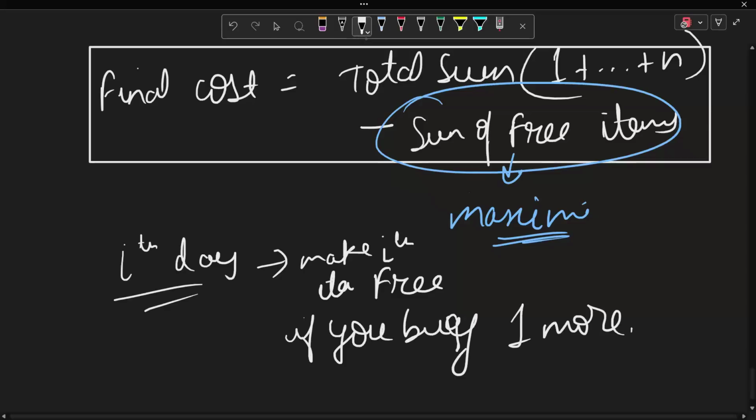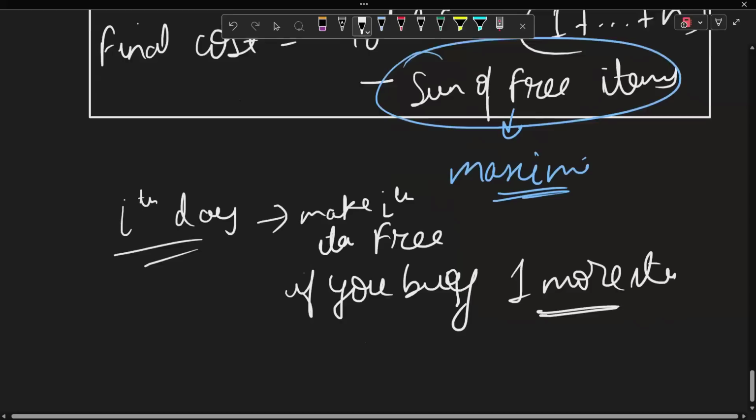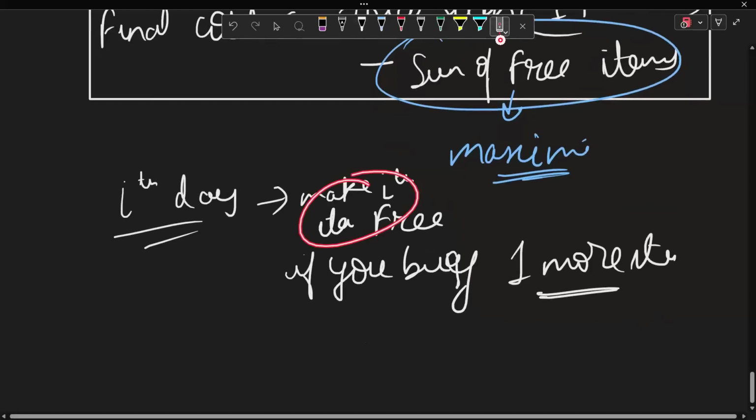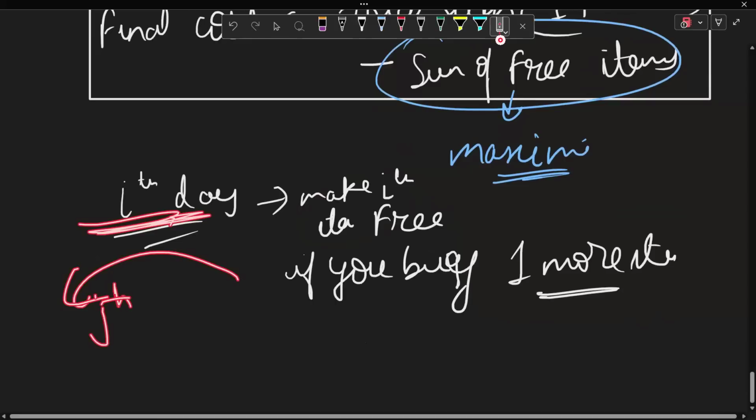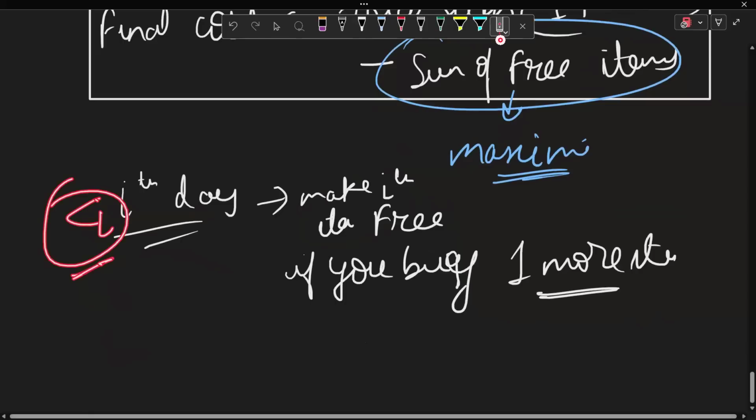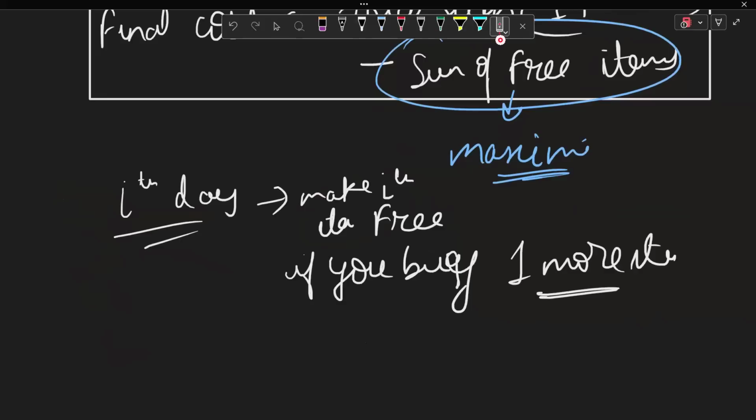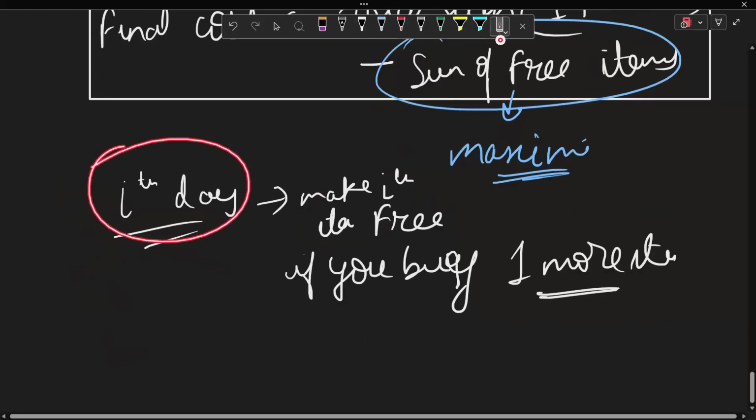So if you want to make the ith item free, you would have to pay for some jth item which is less than i. The available items on the ith day would be all the items less than i. So among the items less than i, you would have to pay for one of the items to get the ith item free.